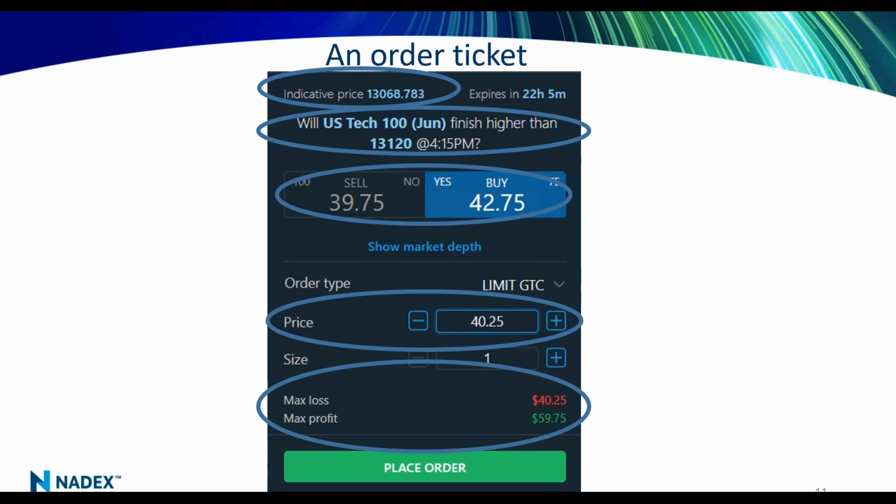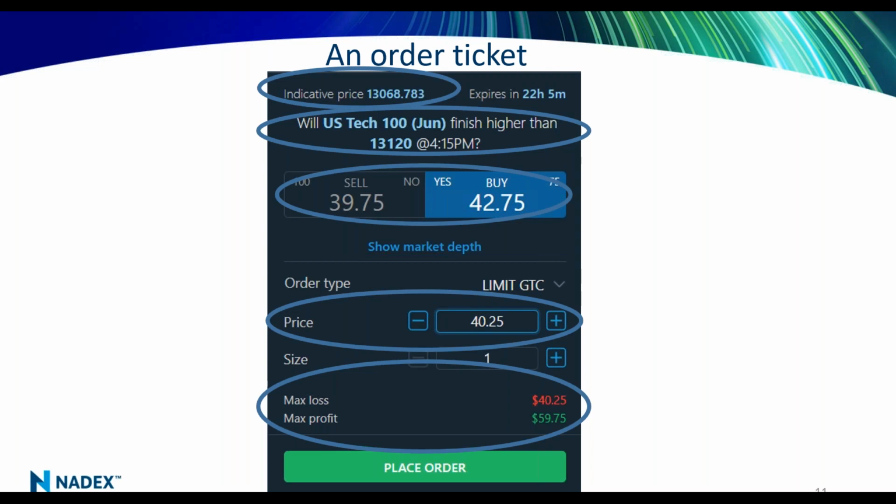If I put in a market order, it would go to buy at 42.75 right away, and I'd buy my one. If I put in a limit order, I'm just trying to buy it at a price. It doesn't necessarily mean I'm going to get it, but I might get it at a slightly better price than paying $42.75.